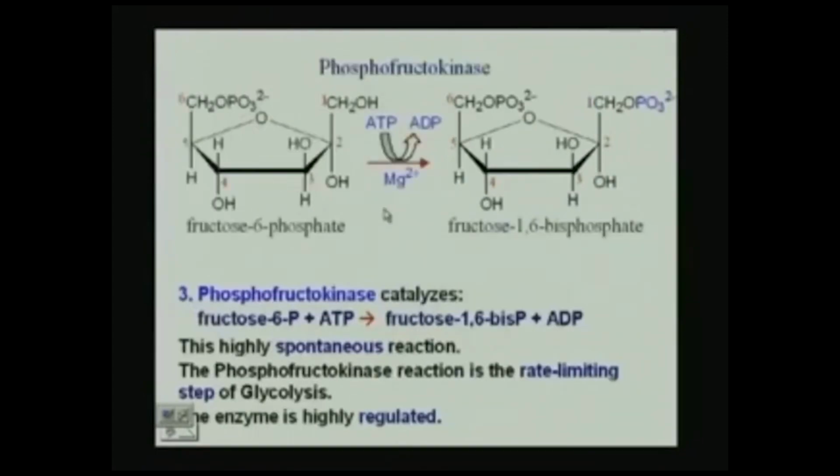Third step, look at what is happening. We had fructose 6-phosphate go to fructose 1,6-bisphosphate. So what is happening? I have the addition of another phosphate at the 1 position. So what is the enzyme that I need? A kinase.